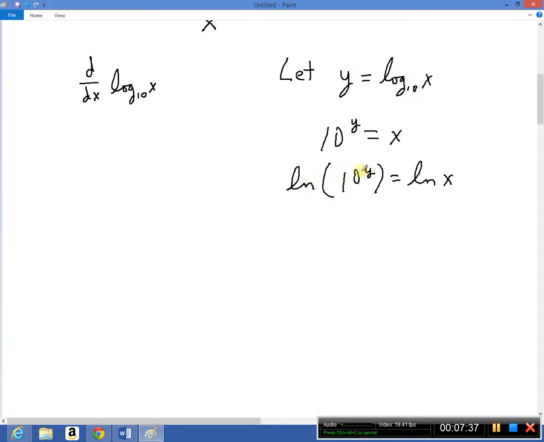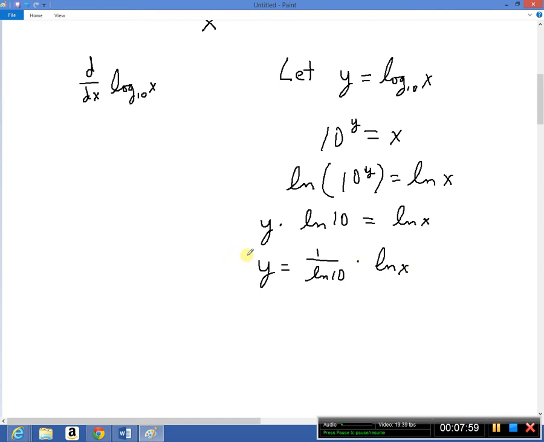So when we do this, this y is going to pop out as a multiplier. That's one of the rules of logarithms. So we get natural log of 10 here with the y on the outside equals natural log of x. And here's the thing. Y is now equal to 1 over natural log of 10, we're moving this guy to the other side, times natural log of x.